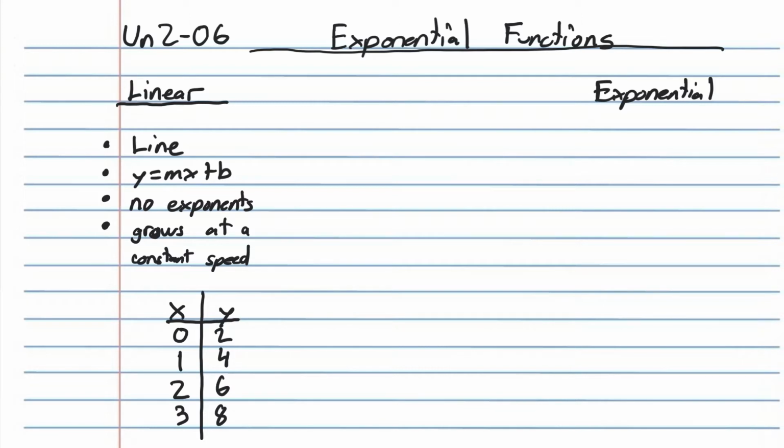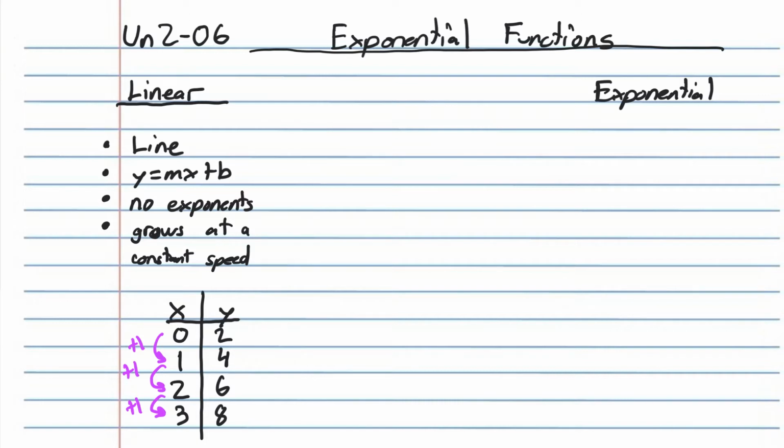Just to point out a couple things, right? Being that it's linear means it should have a constant growth. So as x changes, x is changing by 1 each time: plus 1, plus 1, plus 1. As x increases, the y's should increase by the same amount because it is linear.